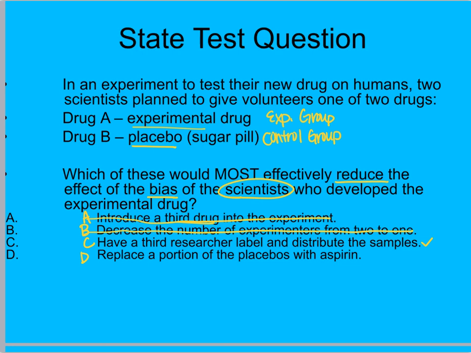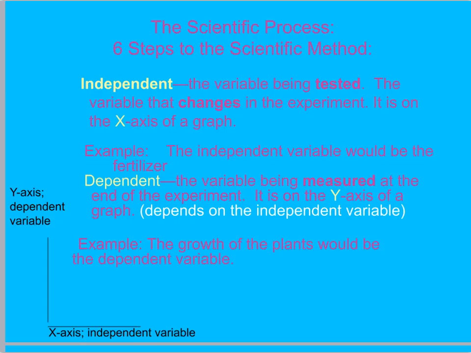And so the person that would come in and ask their symptoms and whatnot, they can't influence because they don't know who got what. Replacing a portion of the placebos with aspirin. Aspirin is a drug, so that would eliminate your control group, which would be very bad. That would not help bias in any way of the scientist. So C is your best answer.